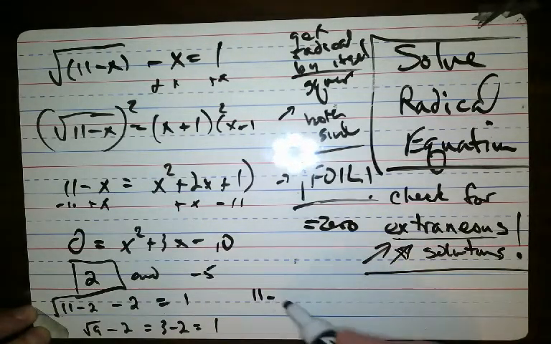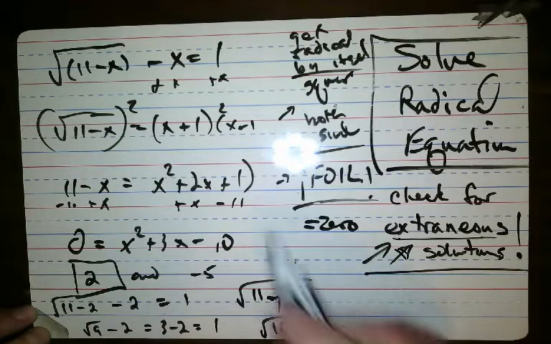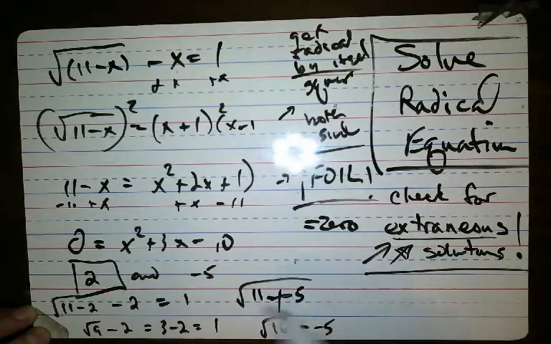So 11 minus -5. Ooh, minus minus is plus. That means 16, right? So square root of 16 minus, and then this number is -5, right? So minus minus makes plus. Does that equal 1? I don't think so, because that's 4 plus 5 equals 1.